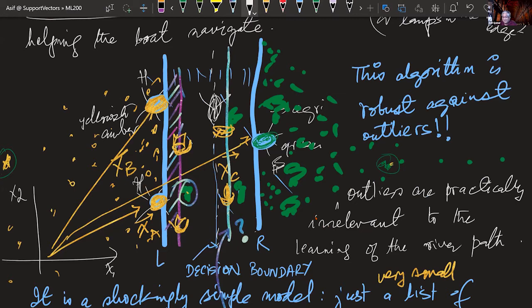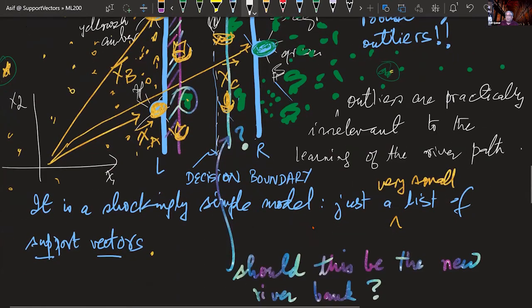Outliers become irrelevant, actually. Very nice. The other nice thing is that the model is so simple. You just have to tell which points are the support vectors, the list of points that specify uniquely the decision boundary and the hyperplanes, the river banks. That's the gist of it.